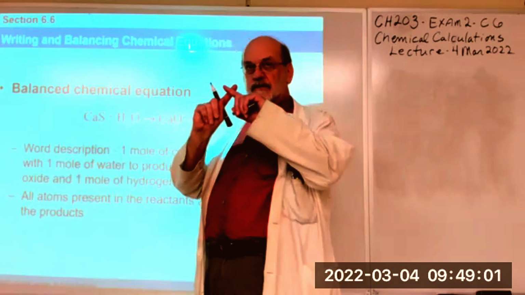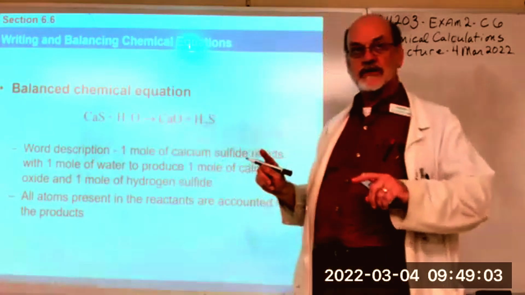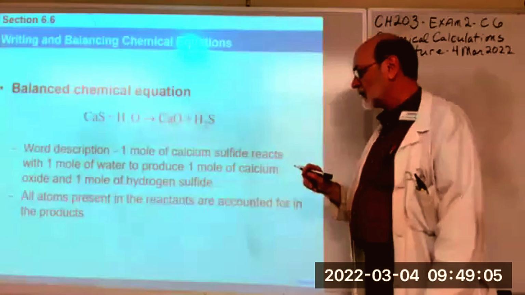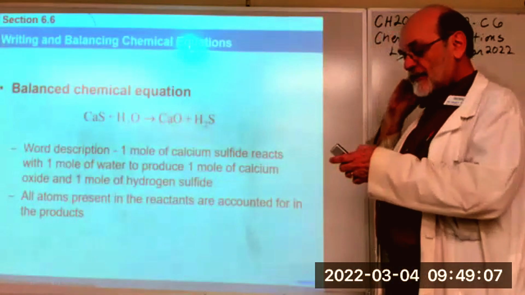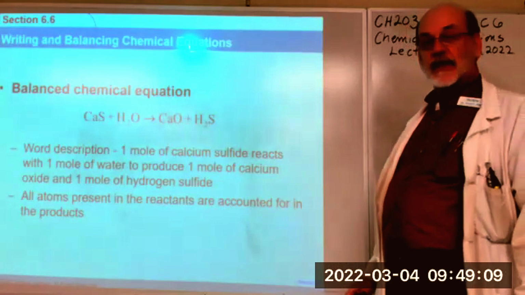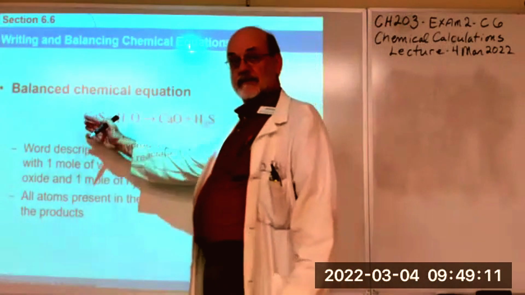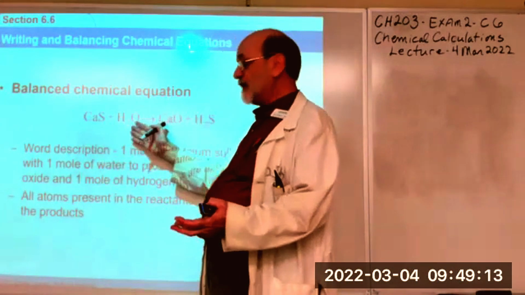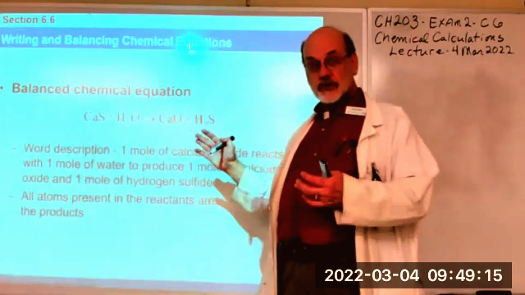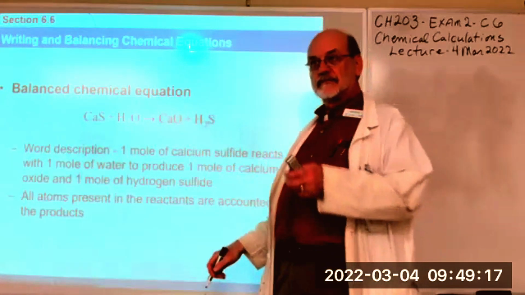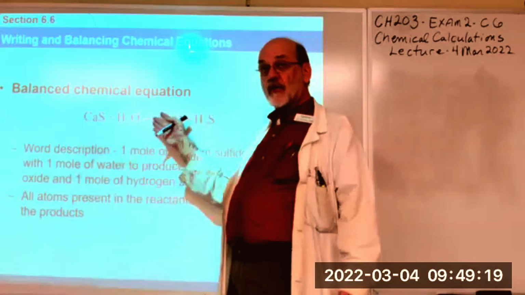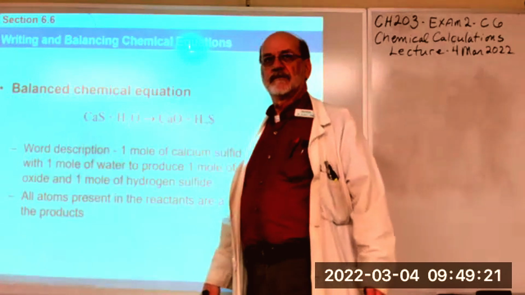You can't touch them to balance an equation. So the coefficients are the only way from that point on. And if you write the compounds correctly, or the elements correctly, whatever the case may be, then it should balance. Right? If you write them incorrectly, then it will never balance.